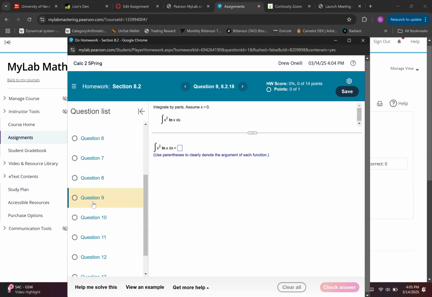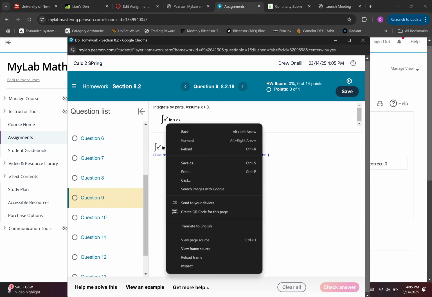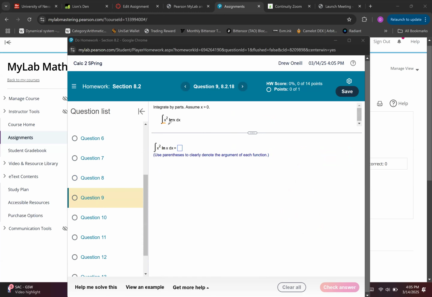What we learned in the last one is when we have x with ln, that's when we want to flip the idea and say, this is now going to be my dv. This is my u. So for dv, to get v, I have to integrate that.